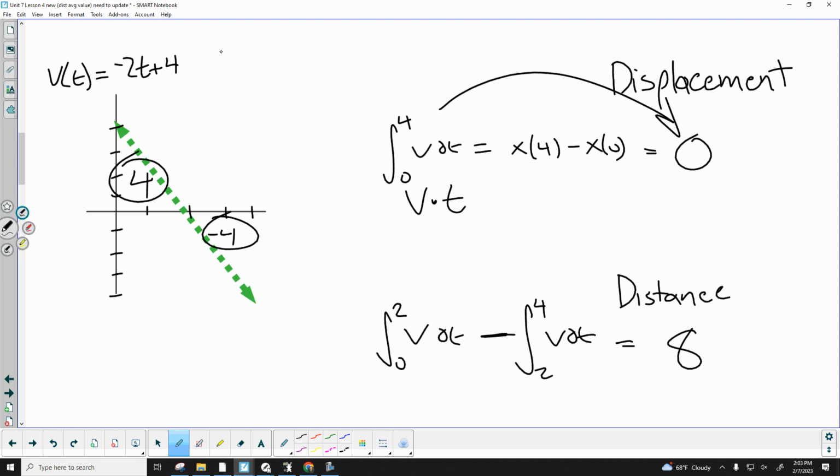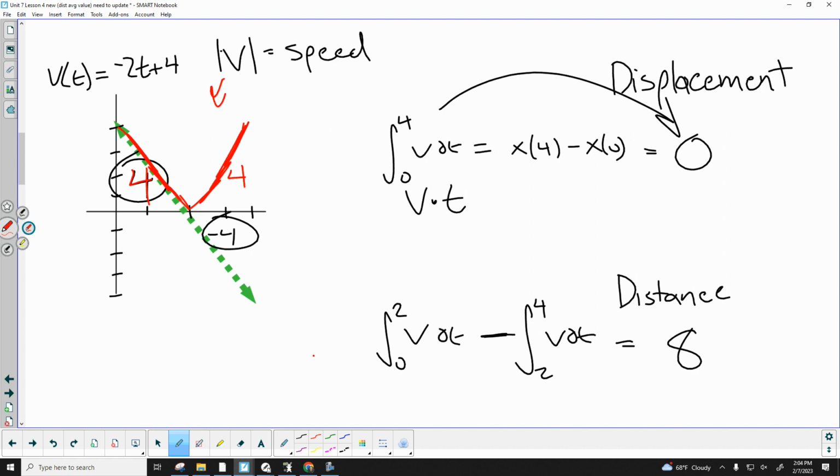Well, let's think about what the absolute value of velocity means. What is the physics meaning of the absolute value of velocity? Speed. The absolute value is speed. Now watch what happens if I look at the absolute value of velocity here in red. It would be positive, and instead of going to negative, it would stay positive, which means this area of 4 would stay 4, and this area of negative 4 would turn into positive 4.